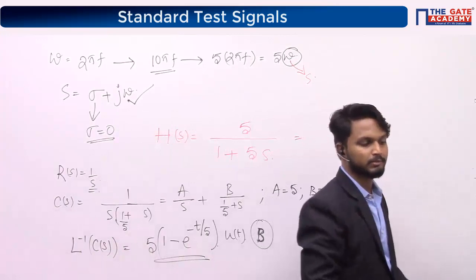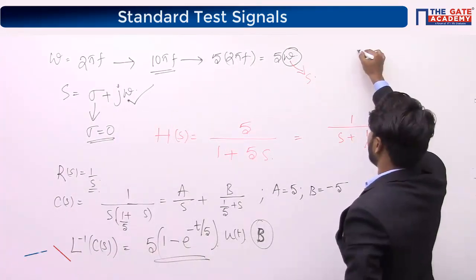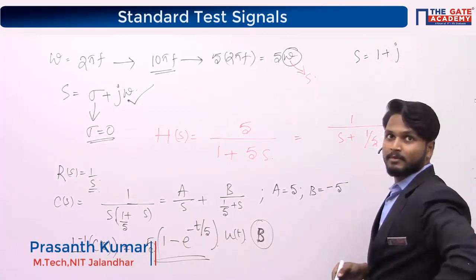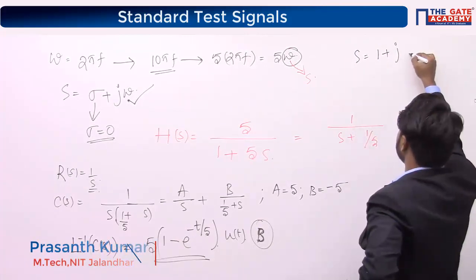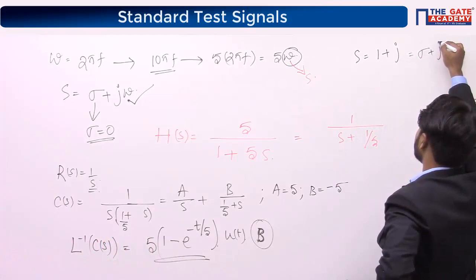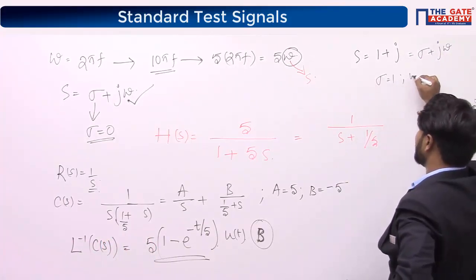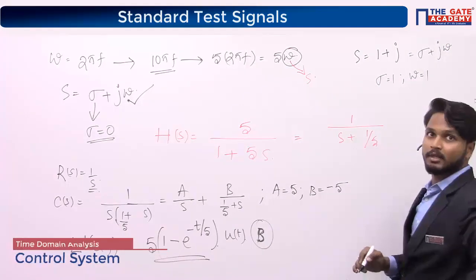Option B is right. If we have s is equal to 1 plus j, you have to compare this with sigma plus j omega. You will say sigma is equal to 1, omega is equal to 1, right?